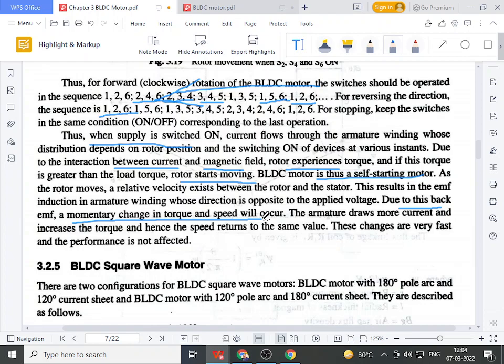So always keep in mind, in case of BLDC motor also, a similar type of back EMF will be induced inside the armature as in the DC machine, and this back EMF is always in the opposite direction to the terminal voltage, and due to this back EMF, the momentary change in torque and speed will occur.